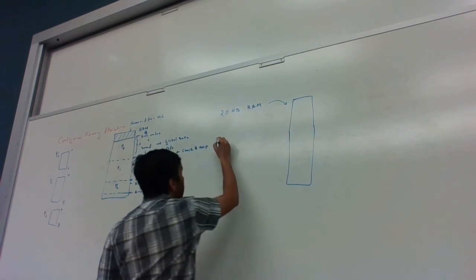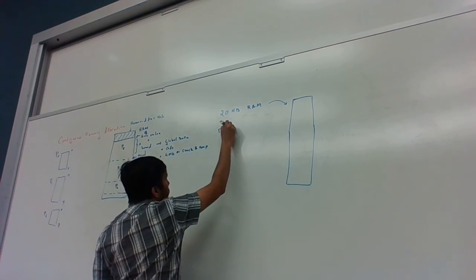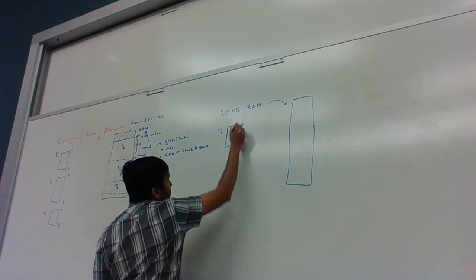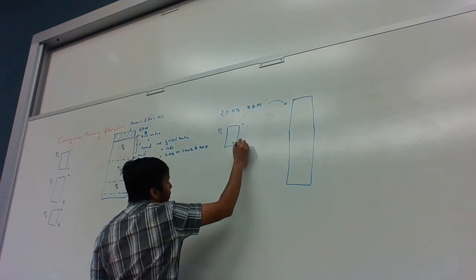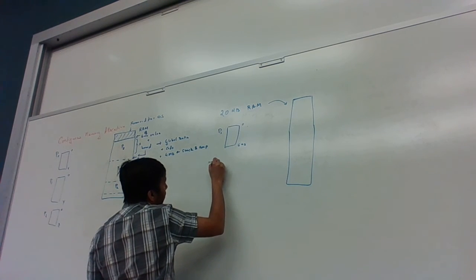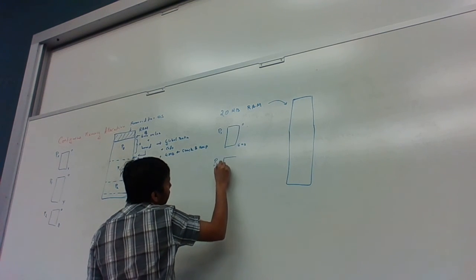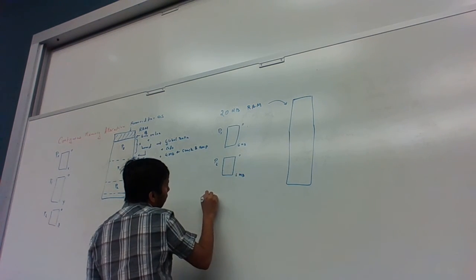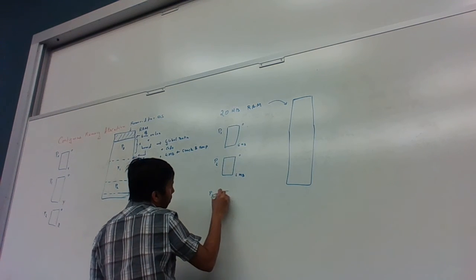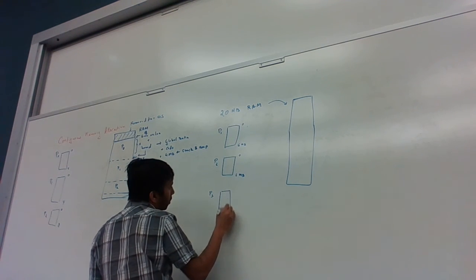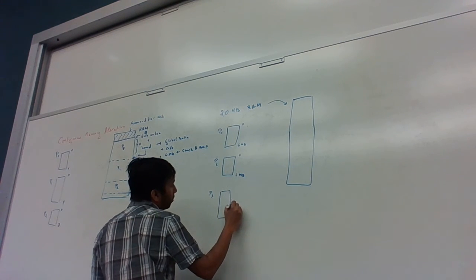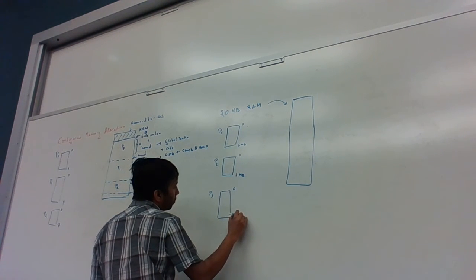Now let's say you have a program P1 which needs 5 MB, a program P2 which needs 6 MB, and a program P3 which needs 10 MB.